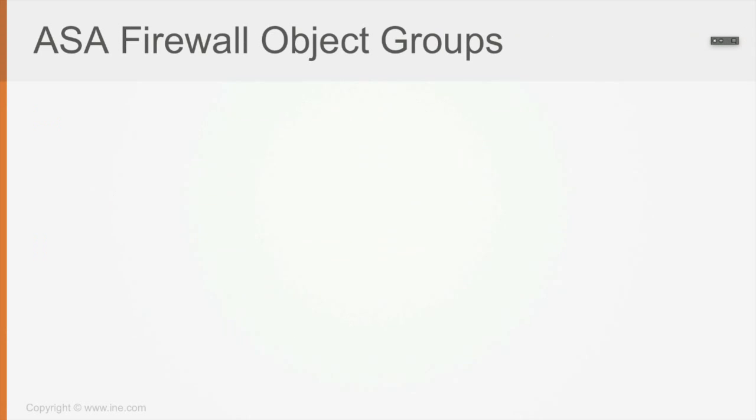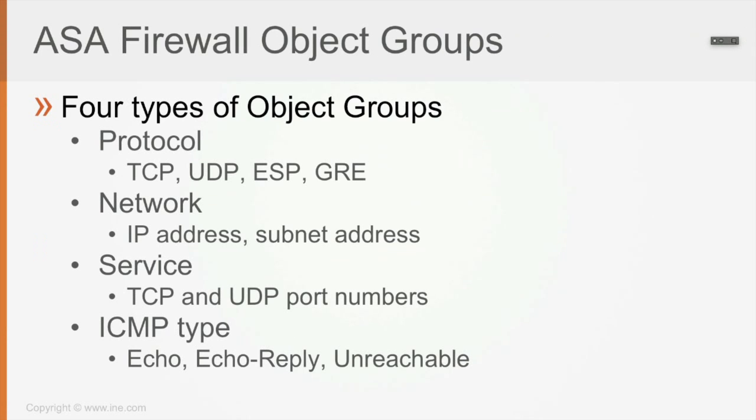As you're going to see, you have a couple of types of object groups. Specifically, a protocol type of object group, where you can define the protocols, either layer 4 or layer 3: TCP and UDP being layer 4, ESP and GRE being layer 3. You're going to have a network type of object group, where we define IP addresses, networks, or subnet addresses.